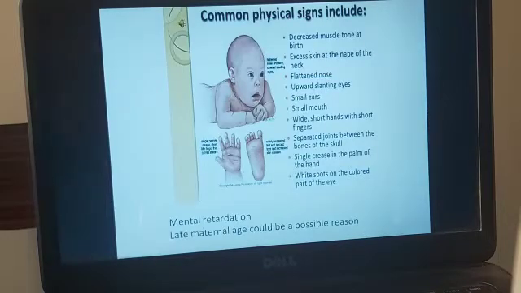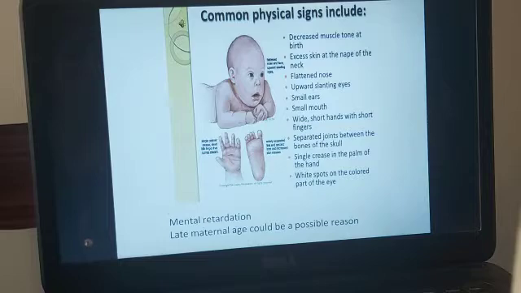Now the common symptoms or signs which are shown by these children, this is an inborn disease. So the common symptoms that are shown by birth are decrease in muscle tone at birth, excessive skin at the nape of the neck, flattened nose, upward slanting eyes, small ears, small mouth, wide short hands with short fingers, separated joints between the bones of the skull, single crease in the palm of the hand, white spots on the colored part of the eye.